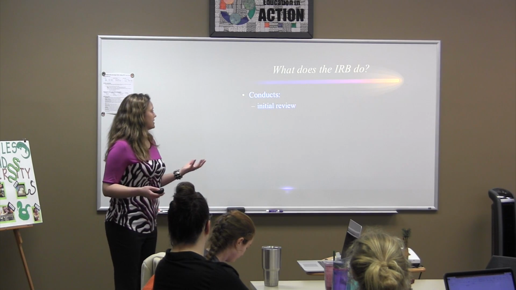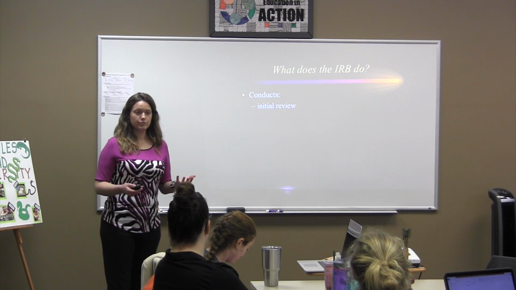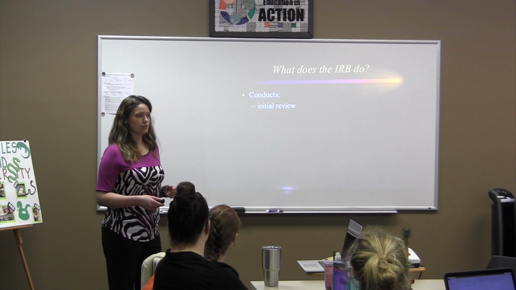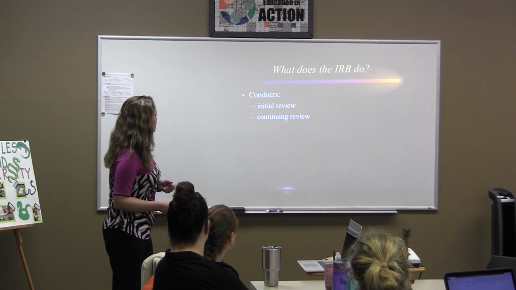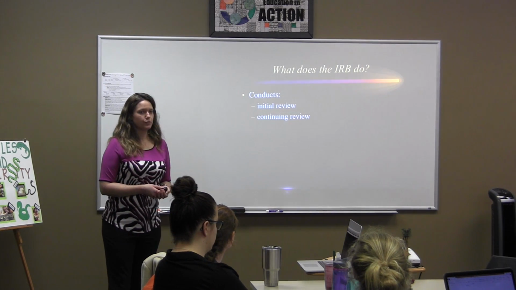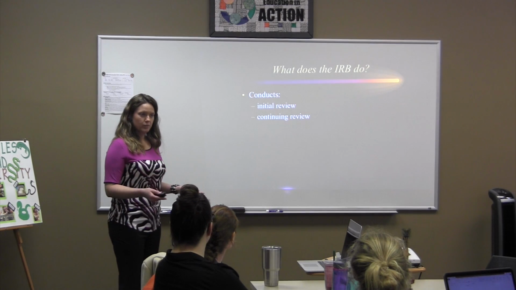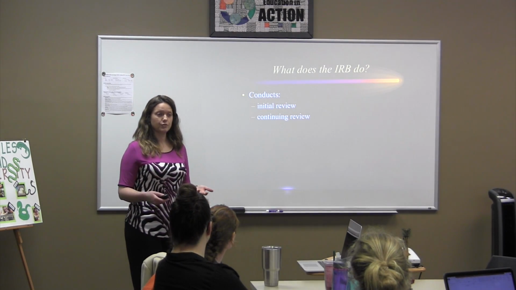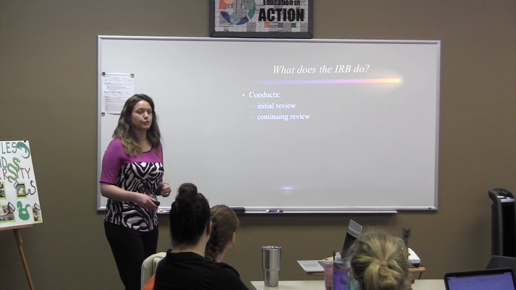So the IRB conducts initial reviews of new project submissions from researchers wanting to use human subjects. They can only approve a project for a maximum of 12 months. So if researchers want to continue with their project longer than 12 months, they go through a continuing review process.